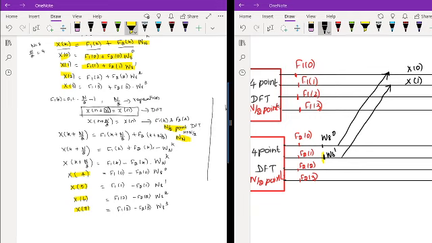The same way for x of 2, f1 of 2 plus f2 of 2 into w8 power 2. So f2 of 2 is multiplied with w8 power 2. Then it should be added with f1 of 2.